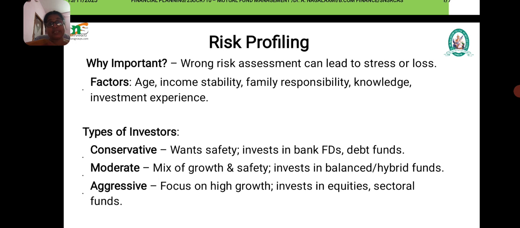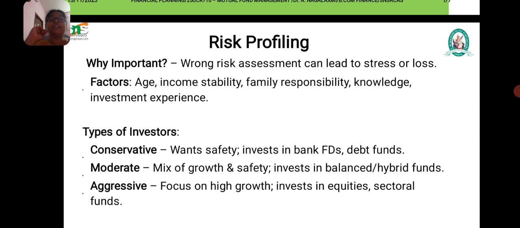What are the factors to be considered? Age, job stability, number of dependents in our family, health condition, financial knowledge. These are the factors that affect the risk.